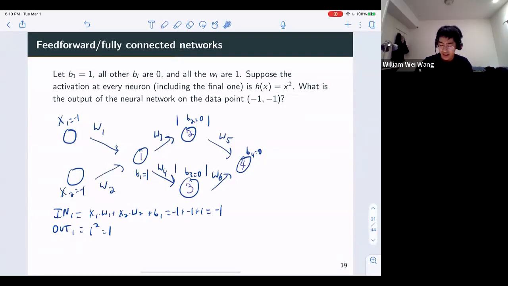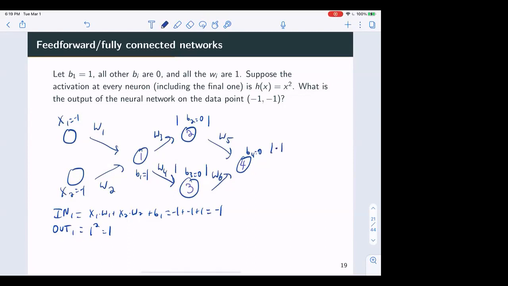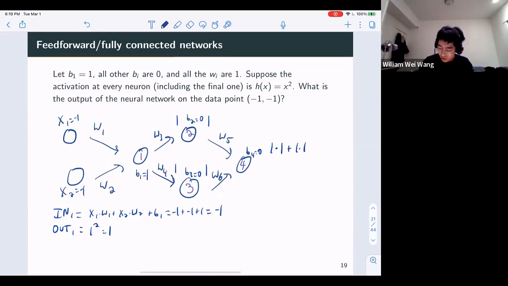Then at the end, we take 1 times 1 plus 1 times 1 plus the bias term 0, which equals 2. This is the input to neuron 4. Then the output of neuron 4 is equal to 2 squared, which equals 4.